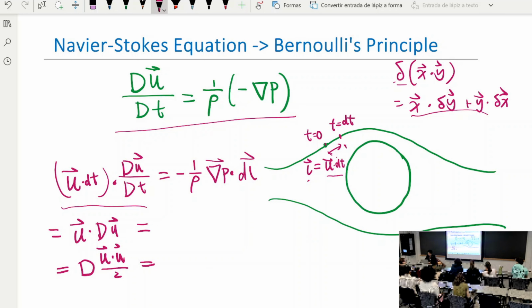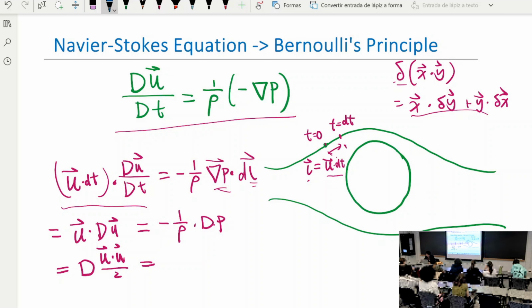And the right hand side, what is grad p dotted with dl? It's just the difference in pressure between these two points. So it's basically 1 over rho times the d of pressure over this small segment. Let me write it more clearly.